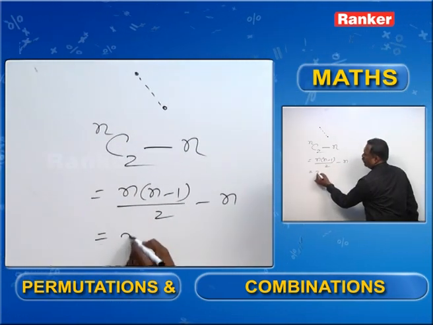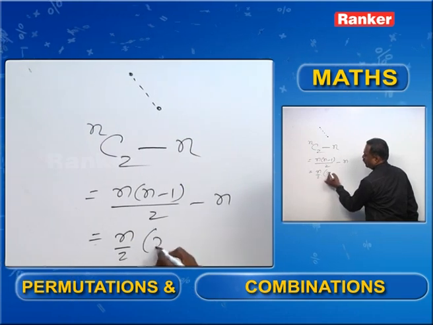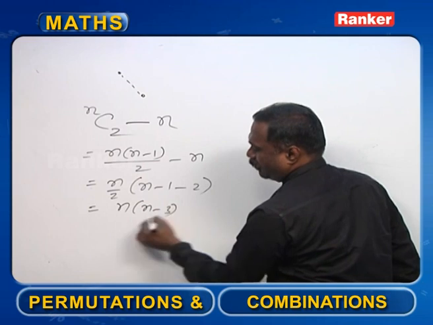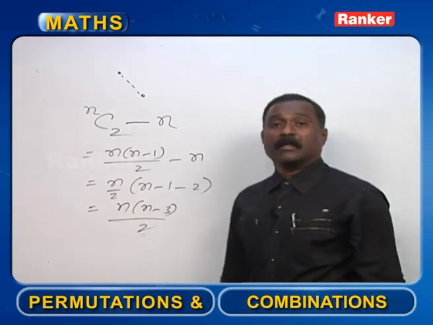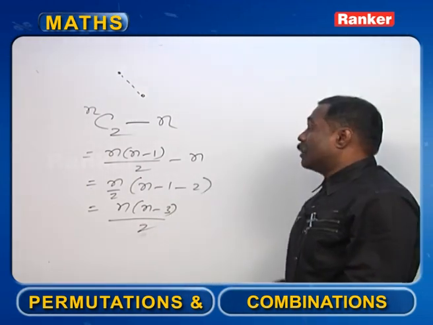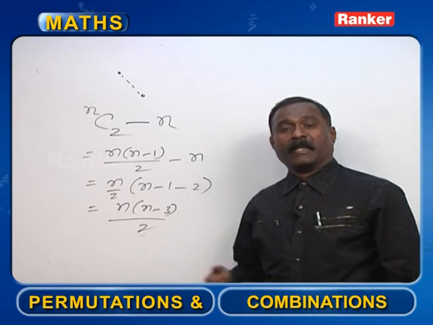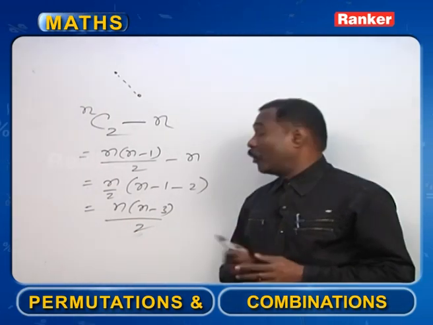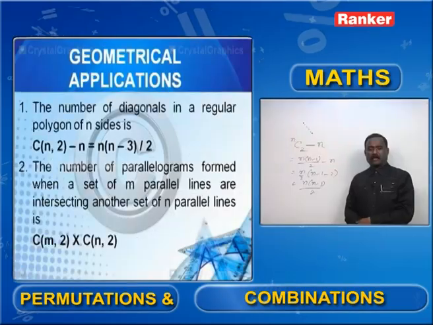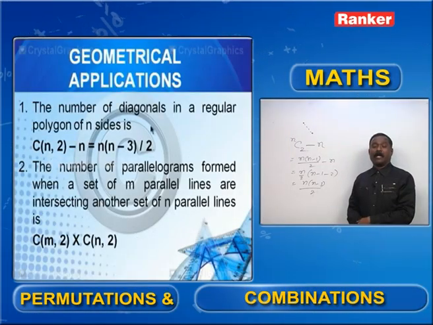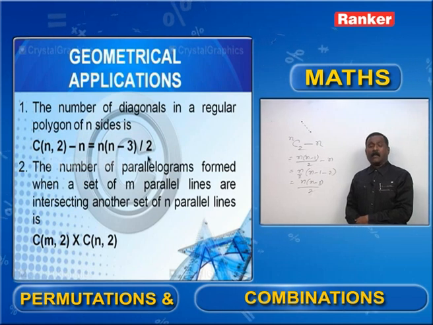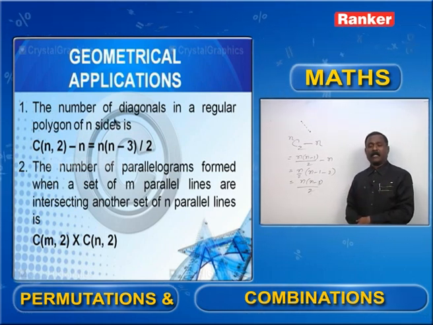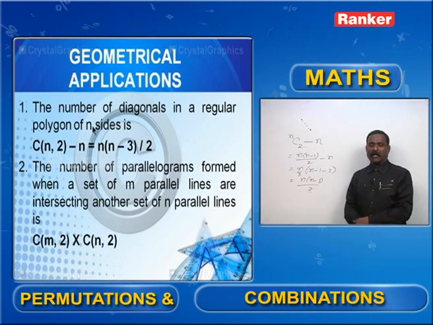So what should it be? n by 2 taken common, (n minus 1 minus 2), which is nothing but n(n minus 3) upon 2. Understand it clearly please. So the number of diagonals that can be formed from an n-sided polygon is n(n minus 3) upon 2. This is a geometrical application of combinations.